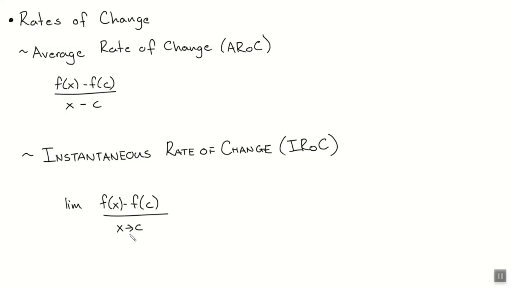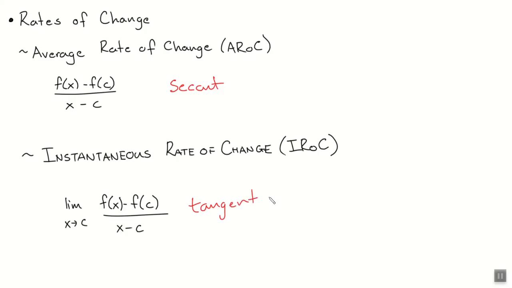I'm taking the limit of the average rate of change, but I'm going to do it as x goes to what? c. They are super similar. This is the slope of the secant, and this is the slope of the tangent.